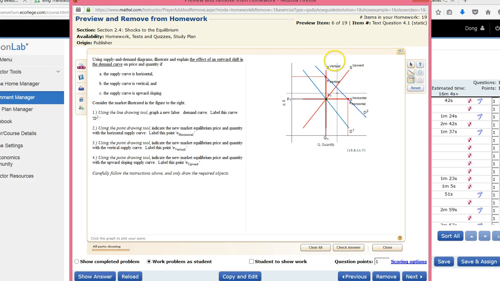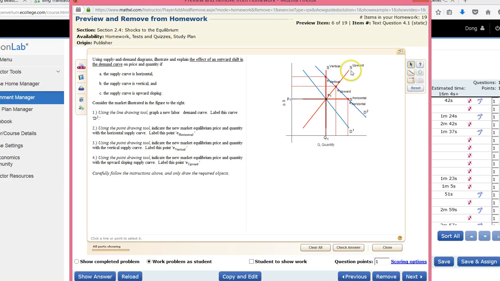So their intersection is the new equilibrium point. Again, you don't have to be very precise on the spot regarding the equilibrium point. As long as your position is very close to their intersection, your answer will be marked as correct. So this is the E upward.